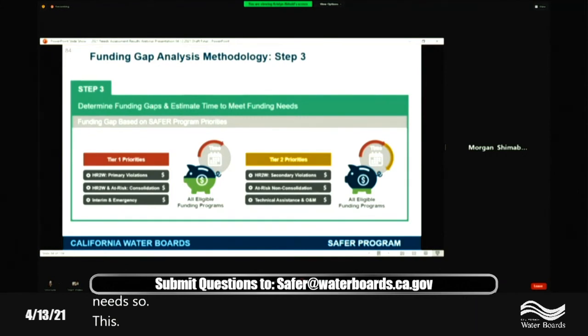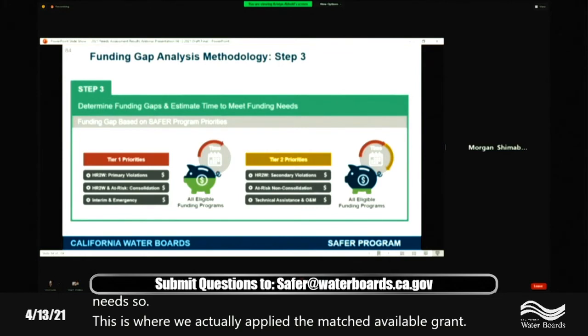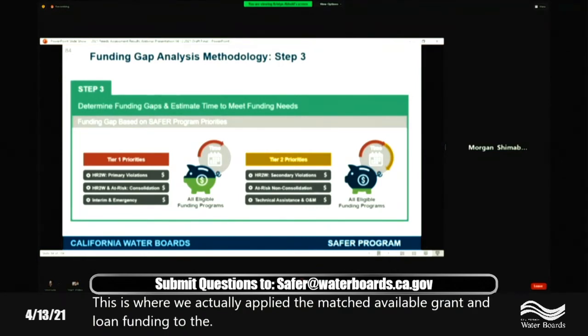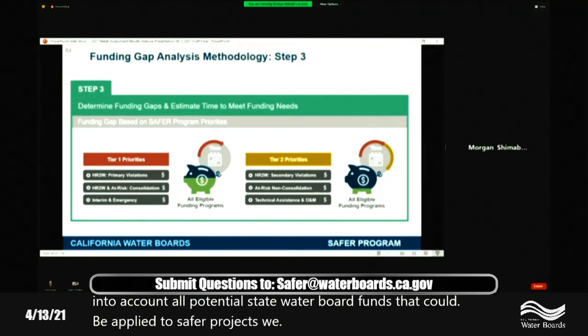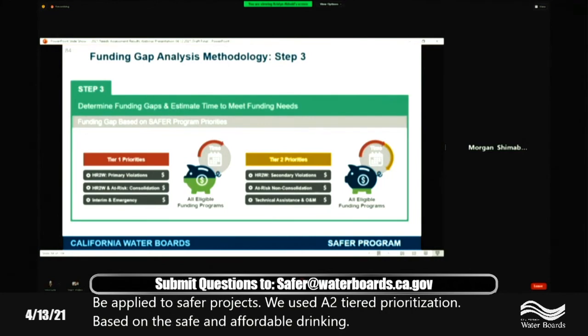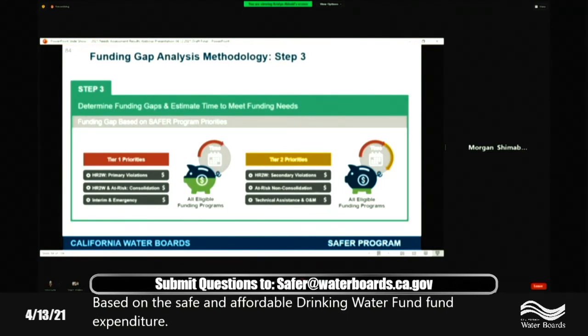This is where we actually applied the matched available grant and loan funding to the refined estimated need or costs. And we took into account all potential state water board funds that could be applied to SAFER projects. We used a two-tiered prioritization based on the Safe and Affordable Drinking Water Fund expenditure plan from fiscal year 2020-2021. And those tiers are shown here.